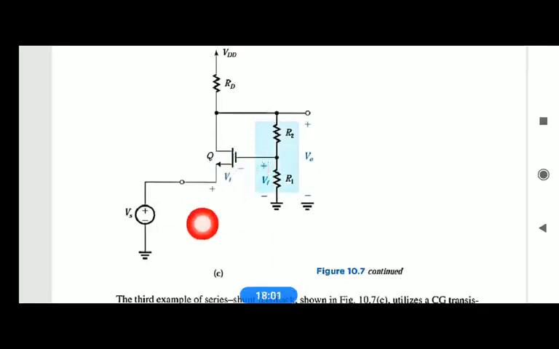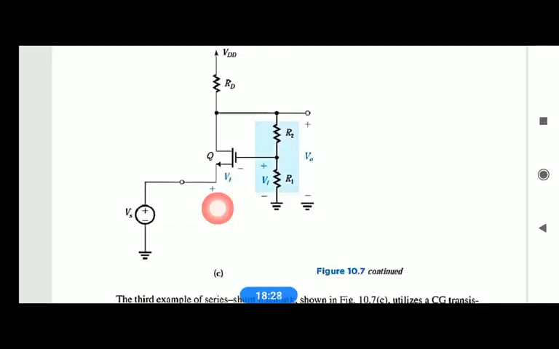As you see, if you increase the voltage here at the source, the source to gate voltage is increased. If the source to gate voltage is increased, the transistor operates less.